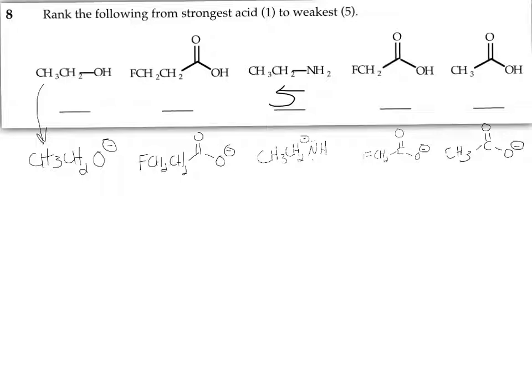Considering the other four, I'm now on all oxygens. And you might notice that each of these conjugate bases can be stabilized by resonance. Let's draw one resonance structure, let's say for this one, that will be exemplary for each of these other species as well.